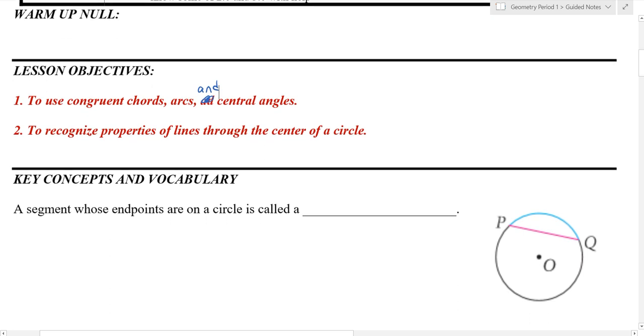Let's take a look at our first definition. A segment whose endpoints are on the circle is called a chord. And as you can see on the diagram here on the right, we have chord PQ. P is on the circle right here, and Q is on the circle right there.